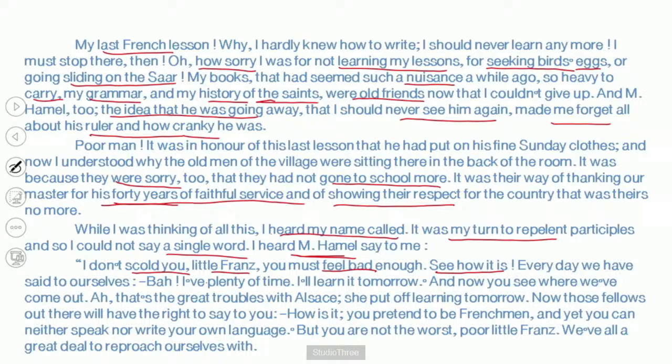Because every day we have said to ourselves, Bah, I have plenty of time. Means even today, about the learning process, we tell ourselves that we have plenty of time. We have too much time to face our examination, but no one thinks that time will pass second by second, minute by minute, hour by hour, and it will not repeat.